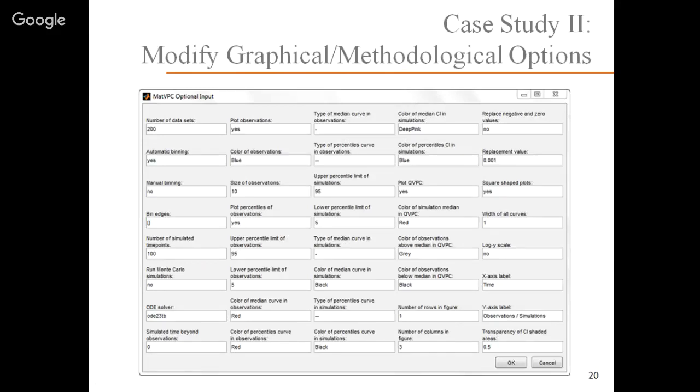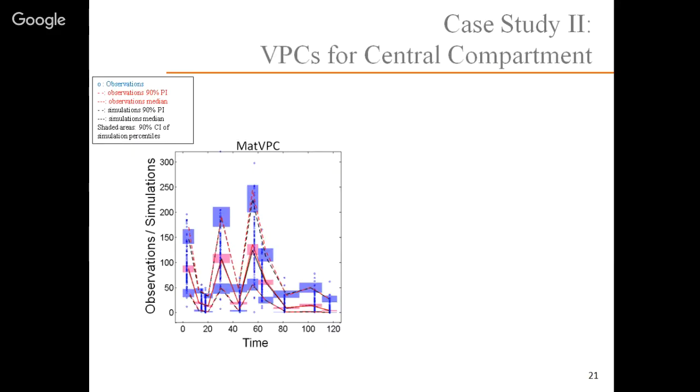Once we do that, we get the user-friendly interface where we are asked to change any different options we want. And once we modify these options that I mentioned previously, we can have a VPC plot generated automatically by MatVPC. So here again, we see the MatVPC plot for the central compartment.